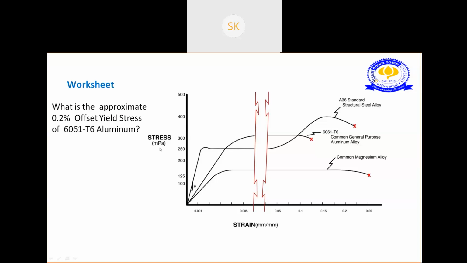So this is another question. Draw the figure. I'm not going to explain this. You find out by yourself. What is the approximate 0.2% offset yield stress of aluminium? You have to find the 0.2% offset yield stress of the aluminium from this diagram.